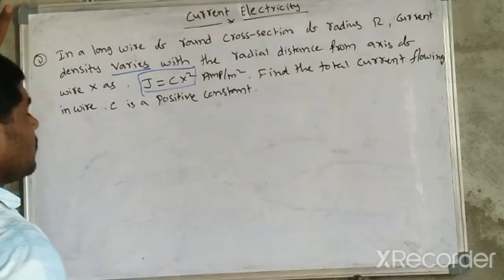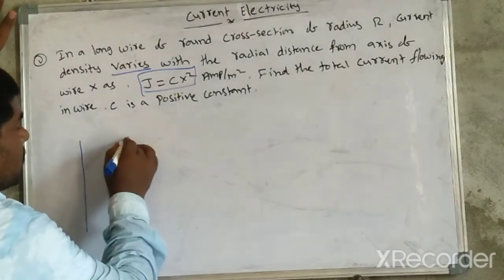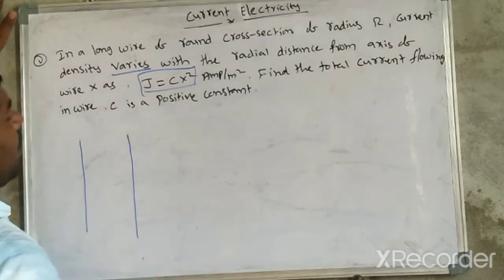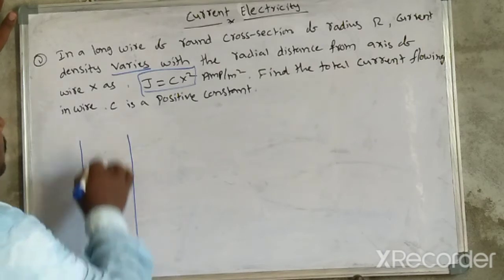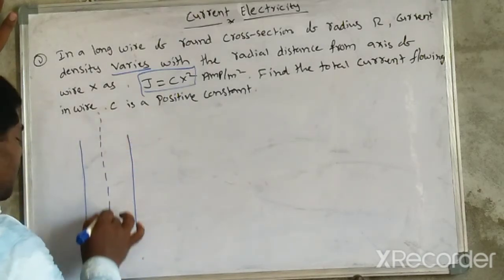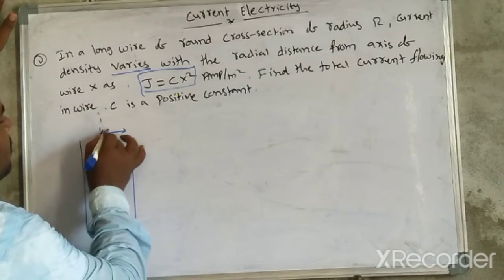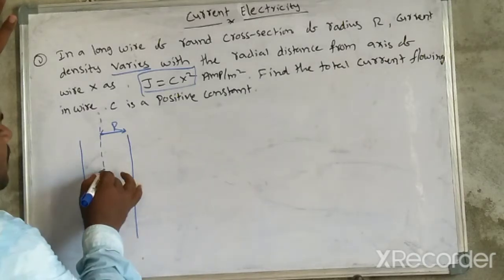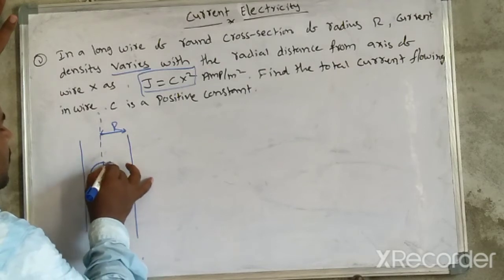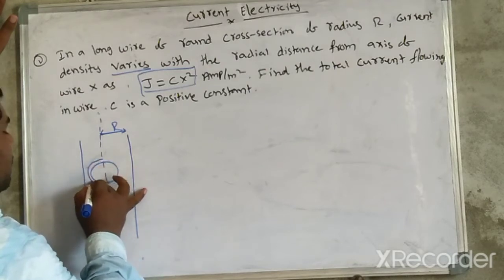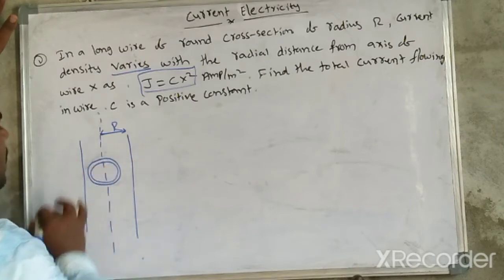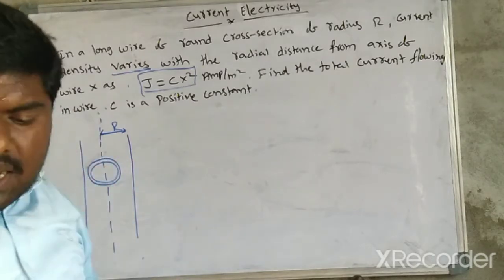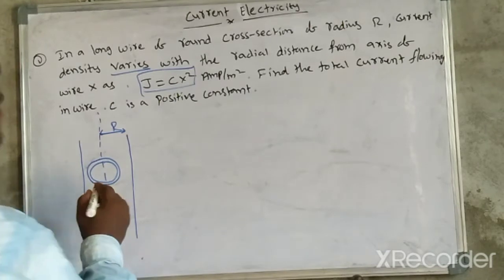According to the question, you may draw the diagram first. Let us consider this as a cylindrical wire. This is the center, and this is the radius, given as R. Here you may draw the cross sectional area A. Here is a small elemental strip.